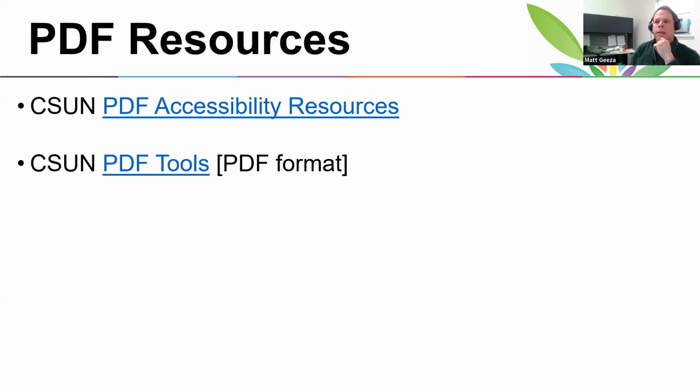And then the second is a PDF that they've put together on PDF tools. This would be a good next step to review after this workshop, because now you have a little bit of that foundational knowledge, but they expand and elaborate on a couple of the topics that we just covered briefly and can be a helpful tool for folks to refer back to. So I want to highlight those two as excellent resources.